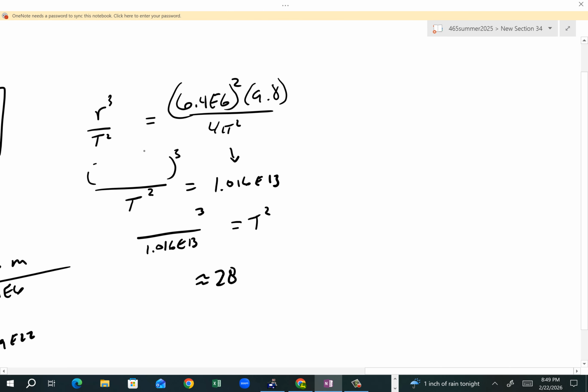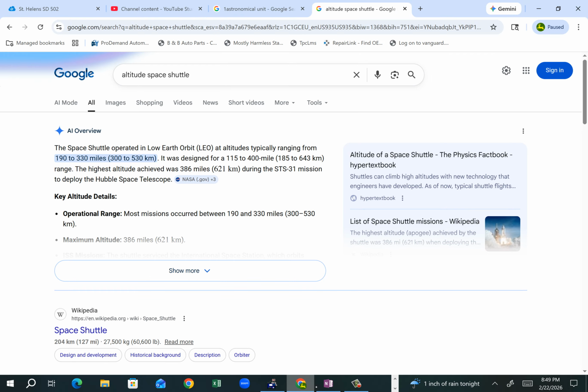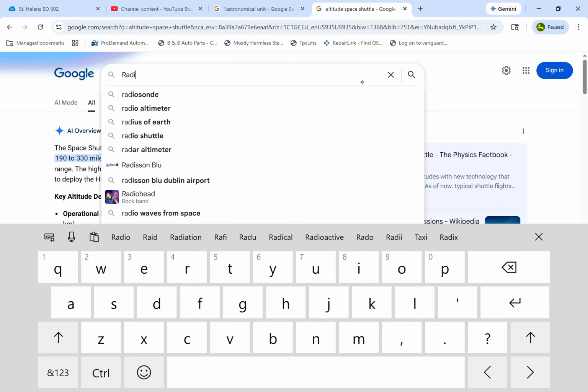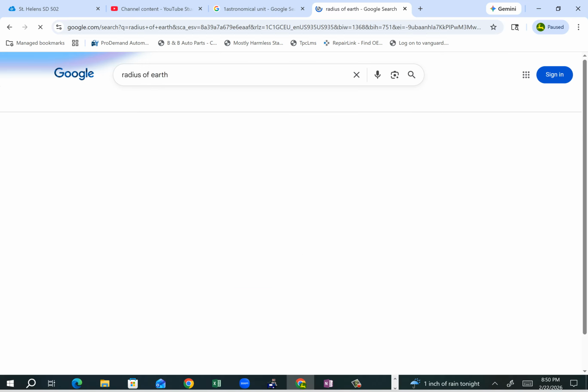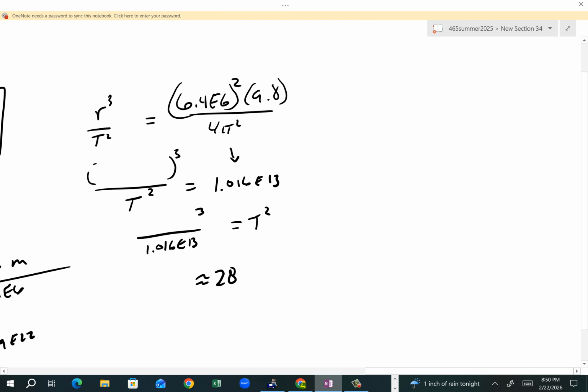So our H is 400 miles. So 400 miles plus the radius of the Earth in miles, which is about 4,000 miles, let's say. So about 4,400 miles times 1.6 times 1,000.